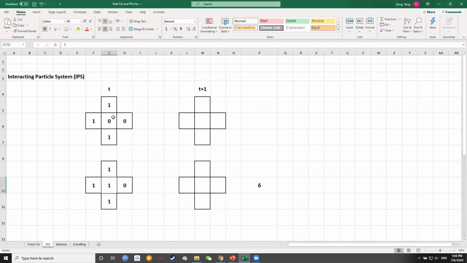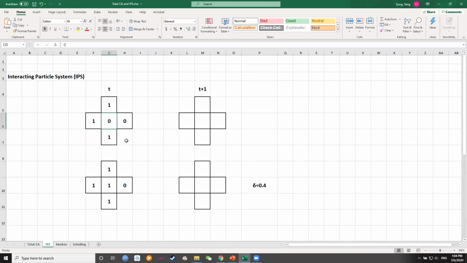For this situation, because the particle is not alive, we don't have to set a specific delta, because it's a death rate, a death probability. For this example, the cell itself is not alive right now, so let's just say delta is 0.4.